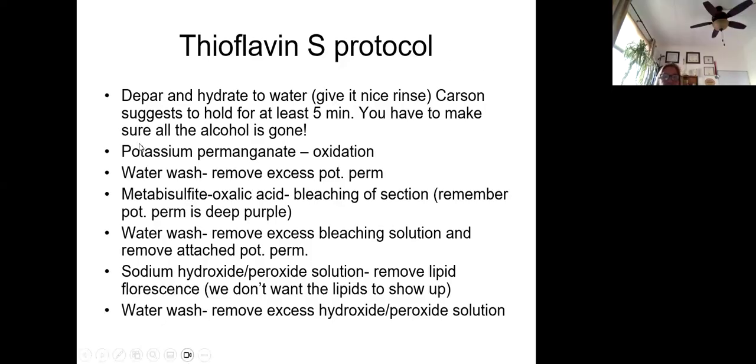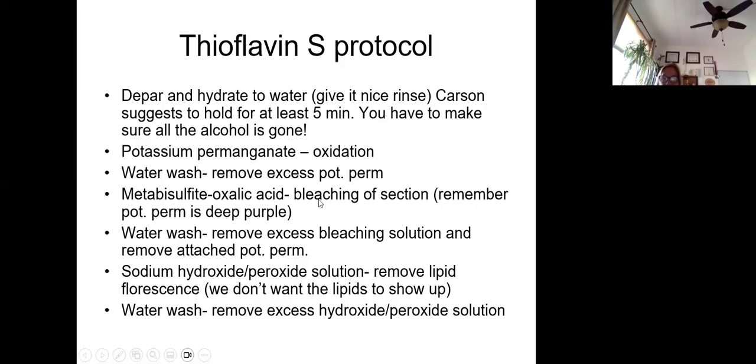So then you're going to go into potassium permanganate. That's our oxidation. Remember that potassium permanganate is that deep, rich, purpley red color. So when you water wash afterwards, you have to make sure that all that excess pot perm is gone. Then you're going to go into metabisulfite that has oxalic acid in it.